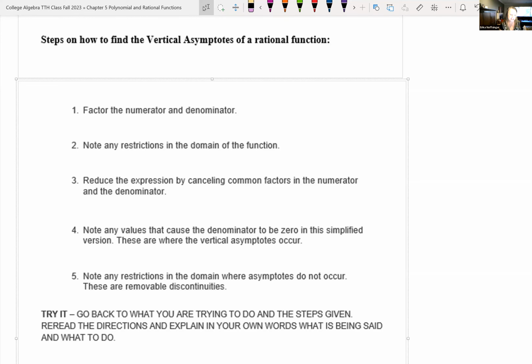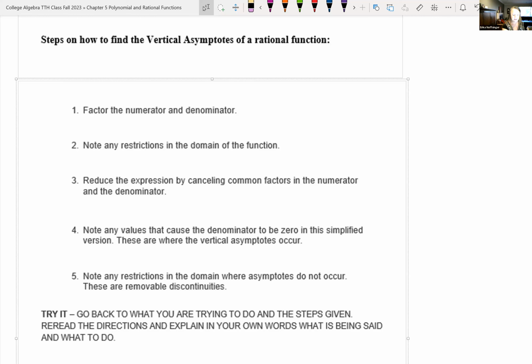If you're not understanding the terminology that's being said in here, then you're going to be struggling with what we're doing. And so you should be able to go through and understand, what does the numerator mean? What is the denominator? What does it mean to be restricting things from our domain? What does it mean to be a factor?